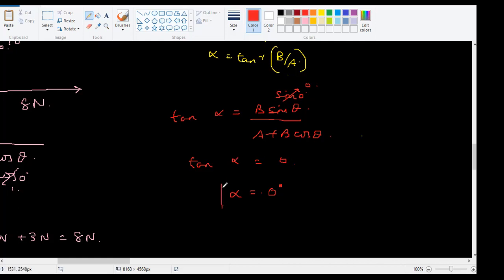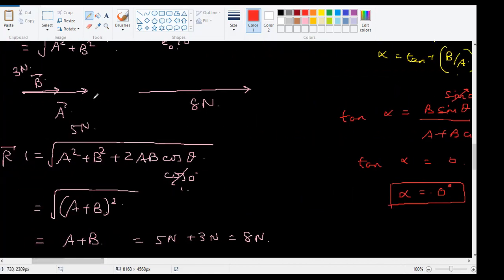So alpha is equal to 0. What does that mean? The resultant is along the same line. Everyone following? Yes, sir. Chaitanya, following the tan inverse thing? Yes, sir. Able to understand. Okay.